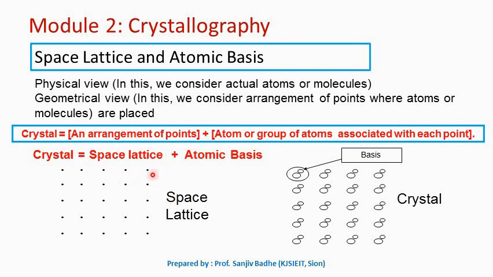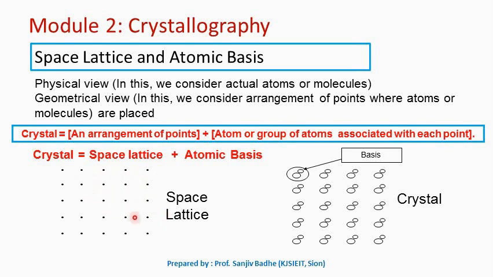So a space lattice can be defined as a regular order arrangement of points, and if we associate an atom or molecule with each of these points in this space lattice, then what we get is a physical view in which we can see an actual crystal. So space lattice means simply a regular order arrangement of points.